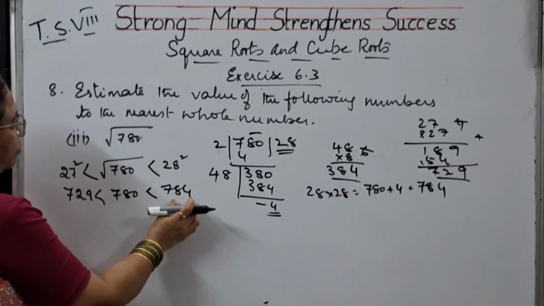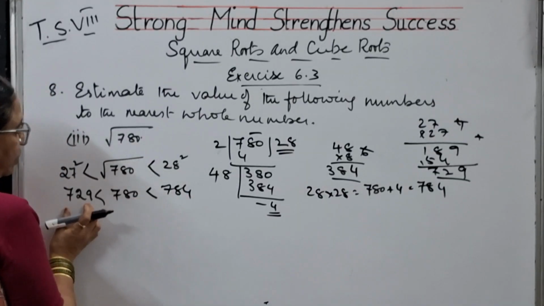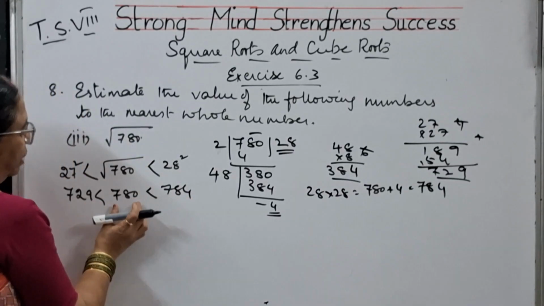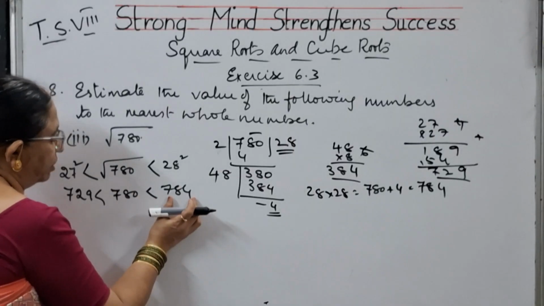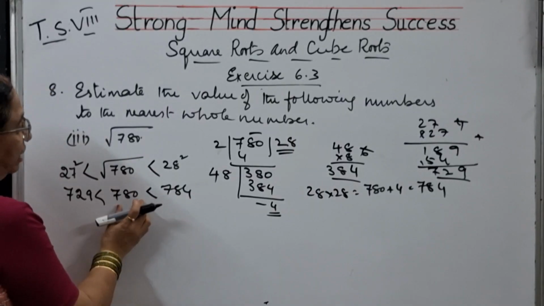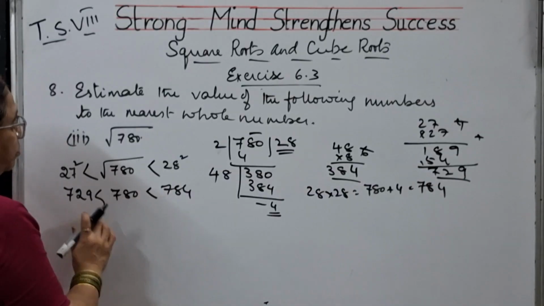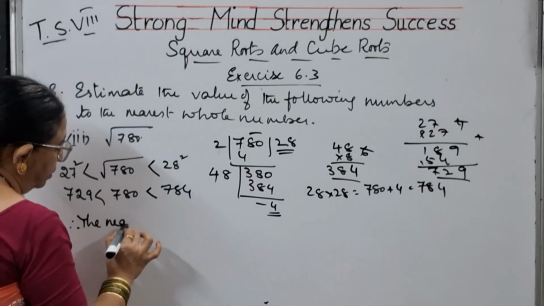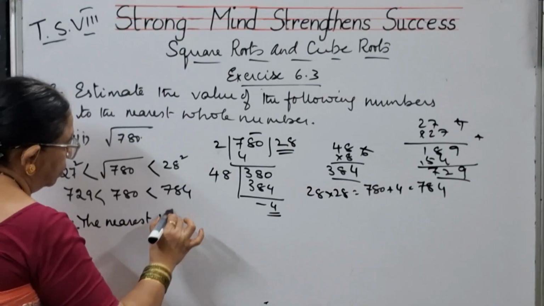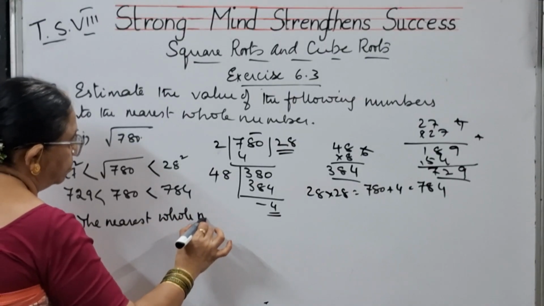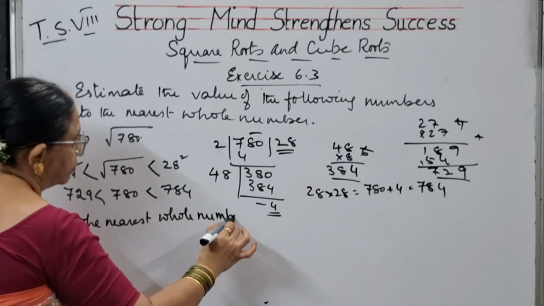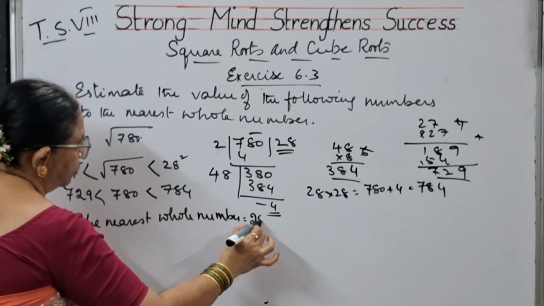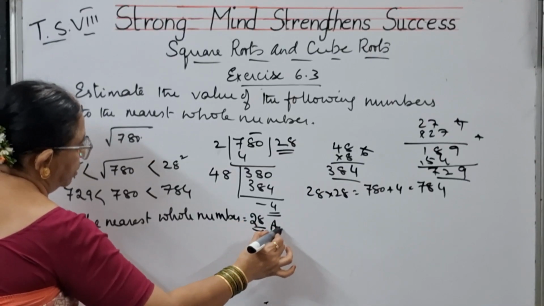So out of these two, 729 and 784, the nearest one to 780 is 784. That means what? Therefore, the nearest whole number is equal to 28. This is the answer, children.